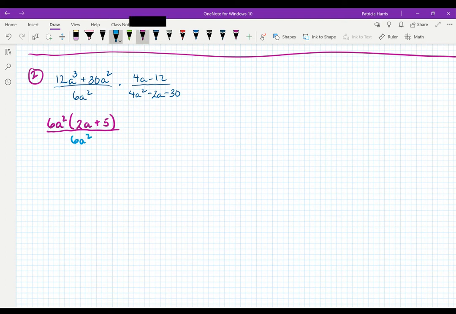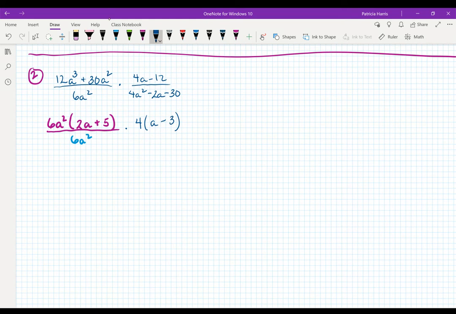All right, next one. 4a minus 12, notice that that has a common factor of 4. Like that. Okay, so I divided 4 out of each and every one.